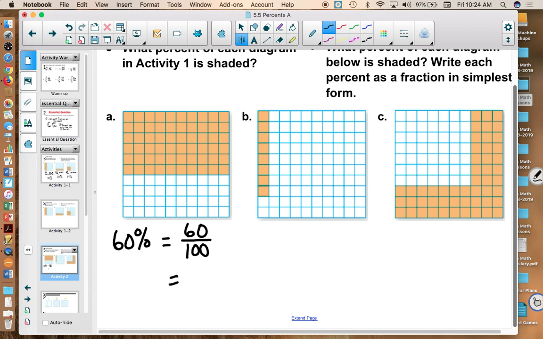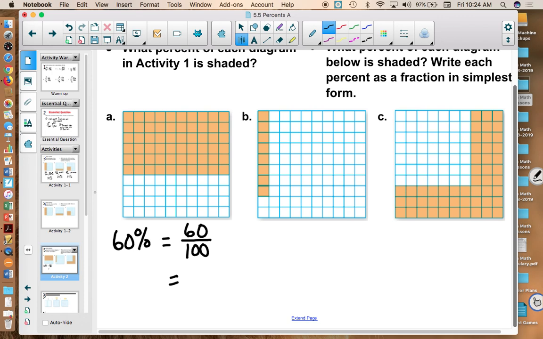So simplify that fraction. Is that simplest form? Can you simplify it further?